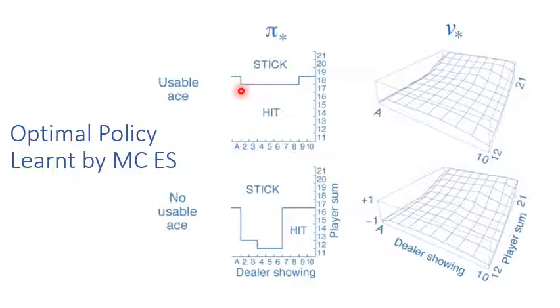But generally, we keep hitting if our sum is less than 17 or 18. Otherwise, we stick.